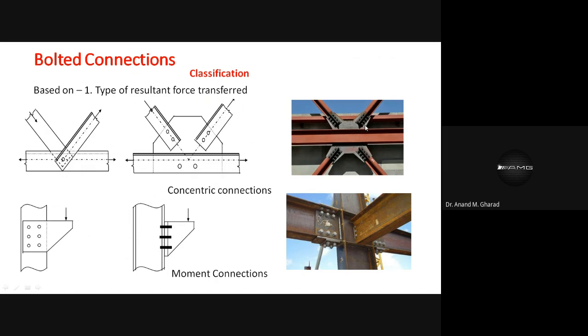Can you see this? Additional plate over here. You must be aware of this plate, or is this new to you? What this plate may be? Actually, this is known as gusset plate.